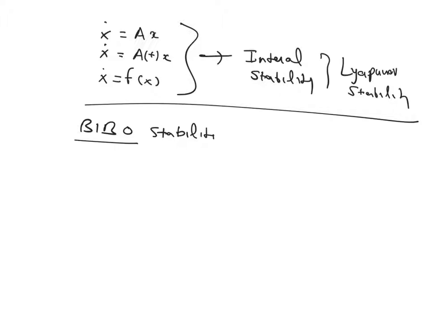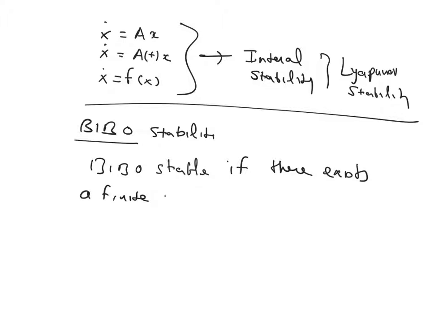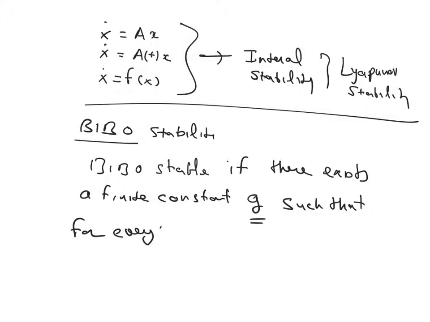So let's say a system is called BIBO stable if there exists a finite constant G, and I'll come back to what all these things mean, such that for every input u.